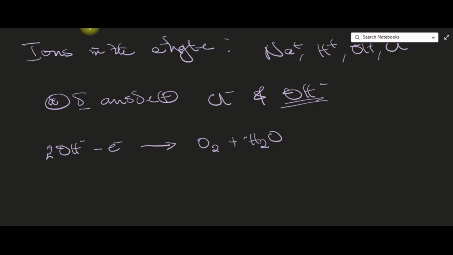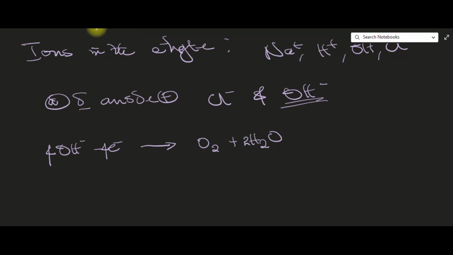So let's put 2 there: we have 4 hydrogen atoms and 4 oxygen atoms. Then put 4 here, so we are dealing with 4 OH minus. When there was no 4, only 1 OH minus loses 1 electron. Now 4 OH minus will lose 4 electrons.